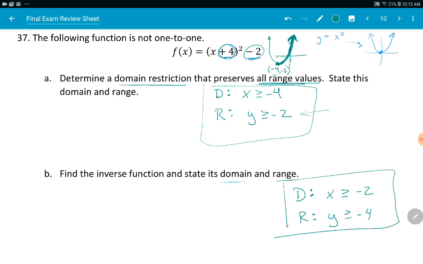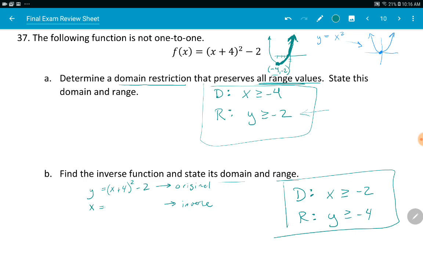Okay, so to find that inverse, I start with this original function. Except I'm going to rewrite it by switching the x's and the y's. So this is the original function. And then I want to write the inverse function, so I'm going to switch all the x's and y's.